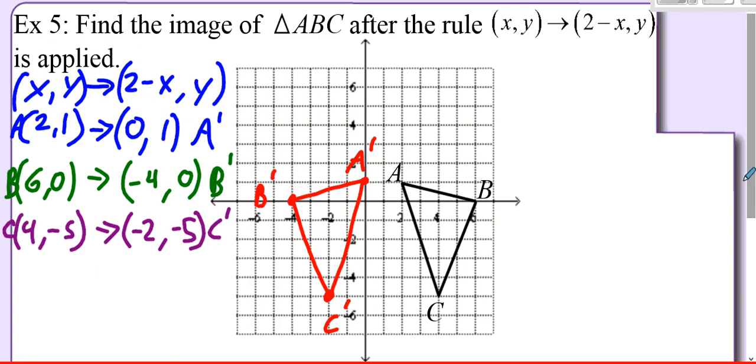And just by looking at that, you could see it was reflected over, which makes sense because of the negative x, y. And then there's also some translating going on with it too. Or maybe you see that it could have just been translated over that line right there, or reflected over that line.